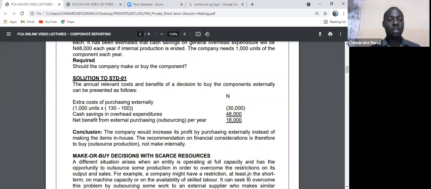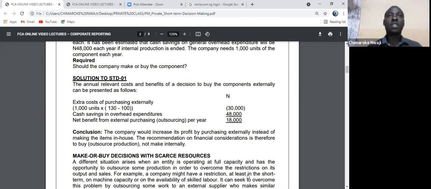But let's talk more now about make or buy decisions when there are scarce resources. Now we are still looking at financial consideration because I said that is what you consider first to see if it is viable.